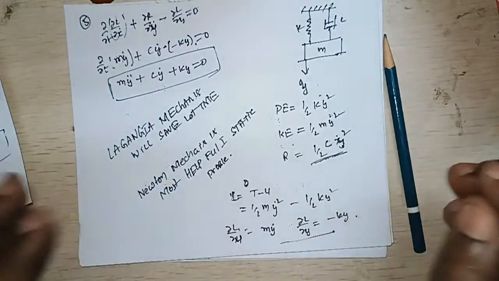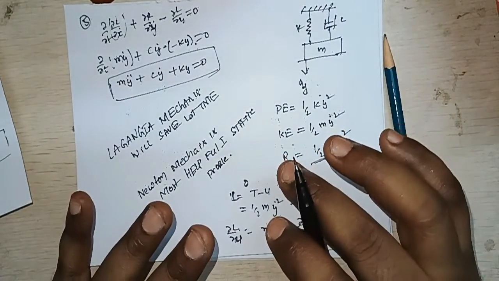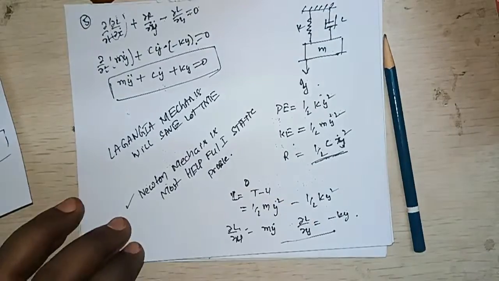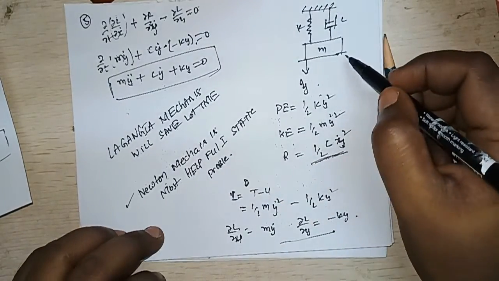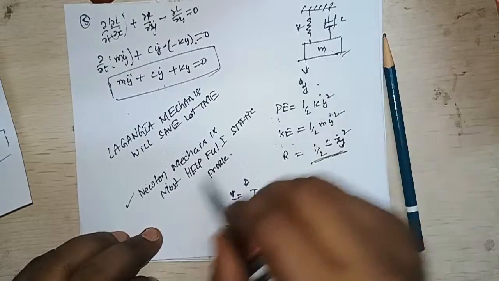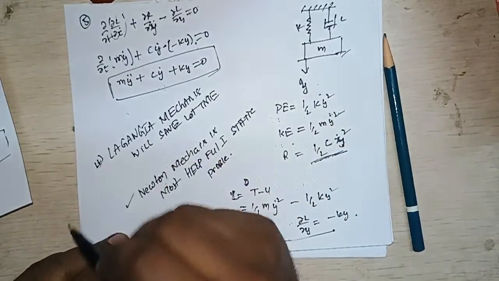If things are very static, Newtonian mechanics will do so much good for you. But for systems like these which are moving, you have to use the Lagrangian mechanics.